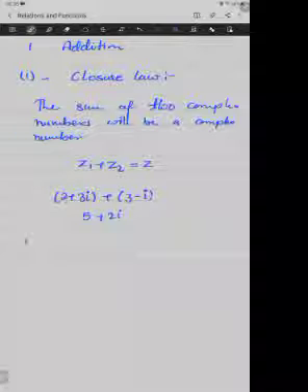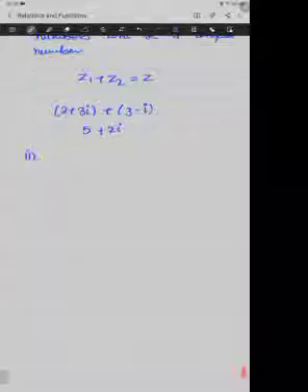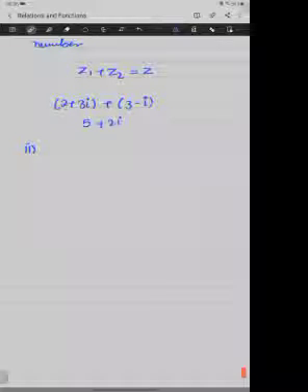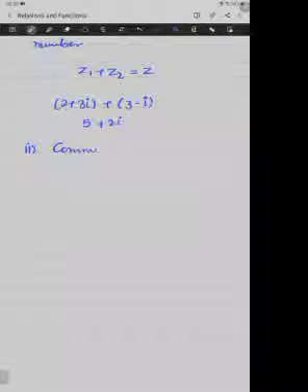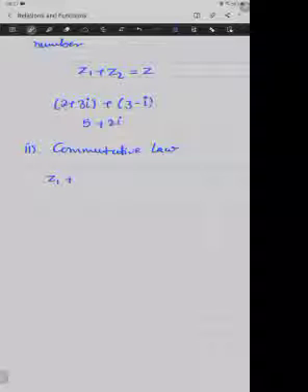Next property is commutative law. What is commutative law? Again, these properties we have studied in the junior classes. Z1 plus Z2 can be written as Z2 plus Z1.